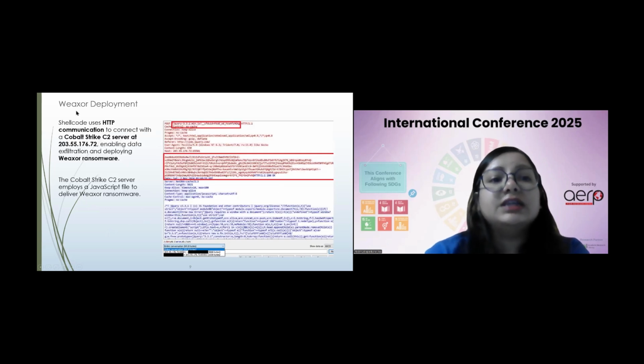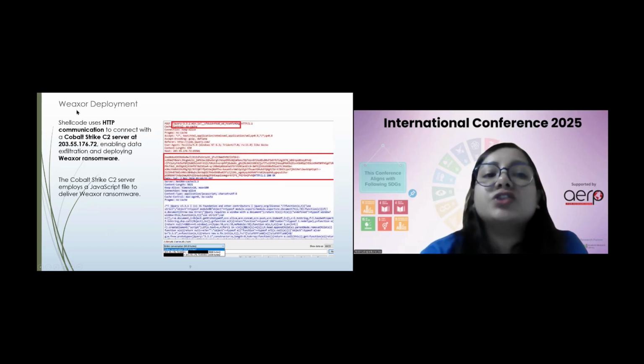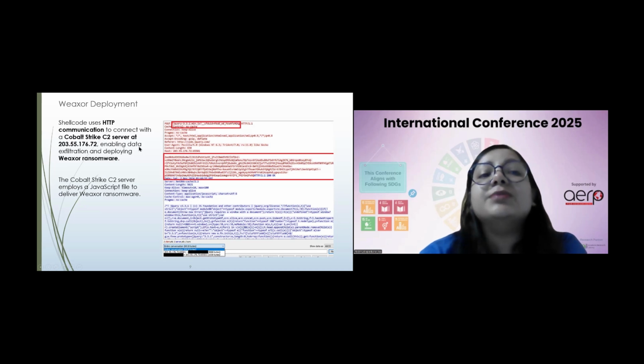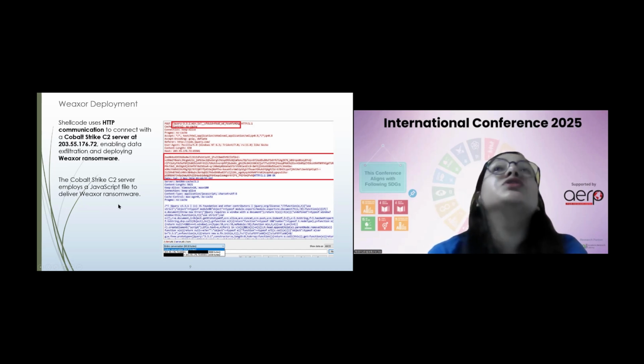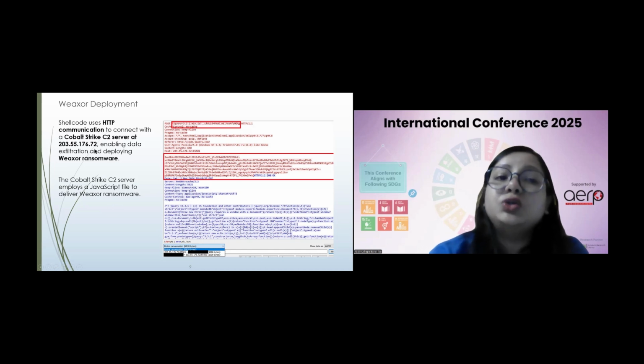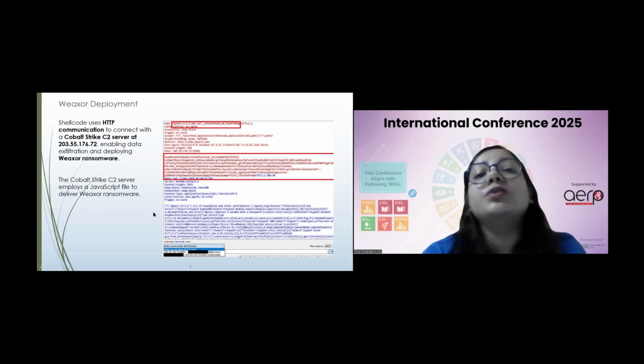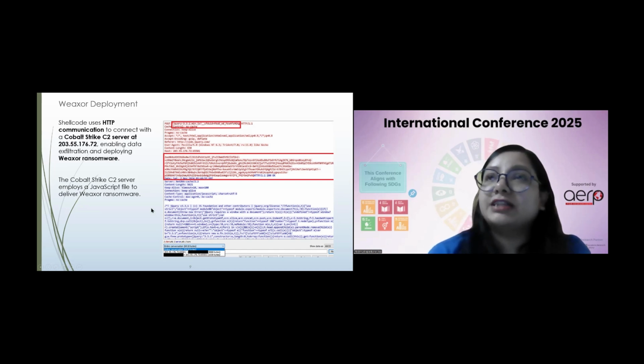The shellcode used HTTP communication to connect with a Cobalt Strike C2 server at this IP, and it enabled data exfiltration and deployment of Weaxor ransomware. It was very important for the shellcode to connect to this IP.